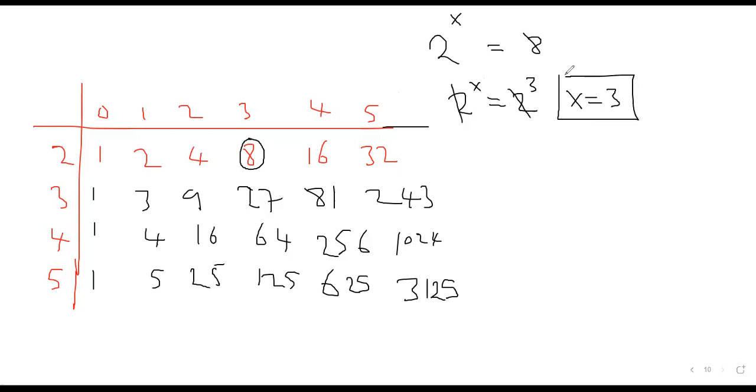Are you seeing what I'm doing? So sometimes they'll manipulate. They'll say 5 to the power x is equal to 1/25. Then you go in here. In the 5s, which one is equal to 25?